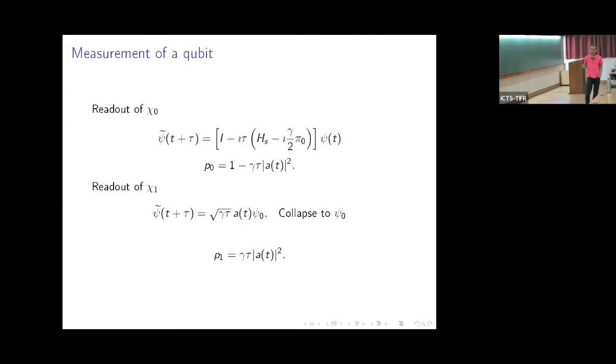And if the detector is recorded to be in the state chi1, then the unnormalized state would be this. So these P0 and P1 are the probabilities of getting these readouts.